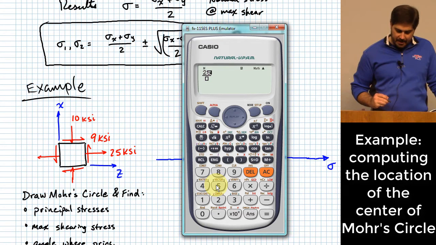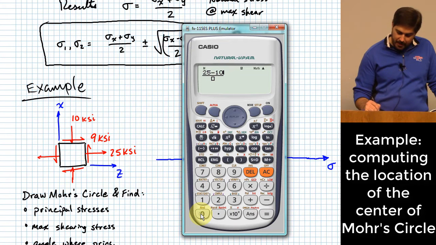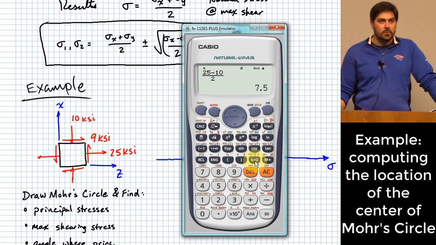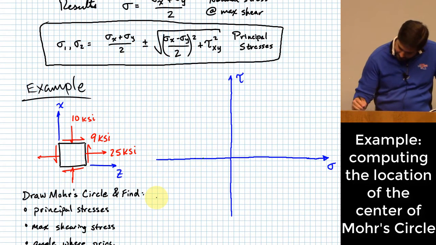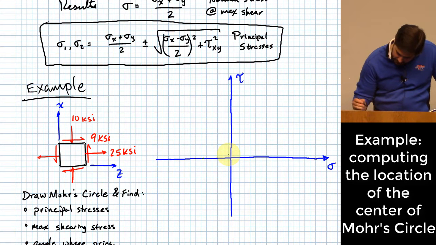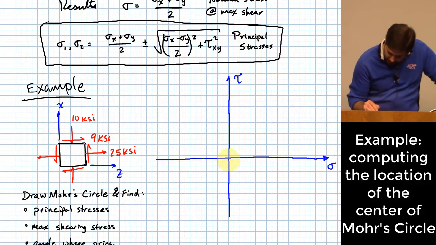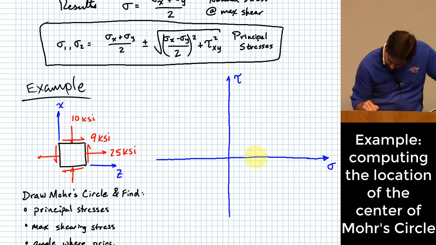And what about 10? It's compressive, so I make that negative. So at 7.5, that is where the center of Mohr's circle is going to be. Tell you what, I'm actually going to try to draw this more or less to scale. So 1, 2, 3, 4, 5, 6, 7.5. There's where the center of Mohr's circle is going to be.